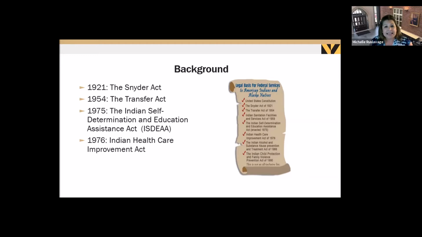And this last one is important, again, because it'll help tease out the different kinds of healthcare programs that are run throughout Indian country.